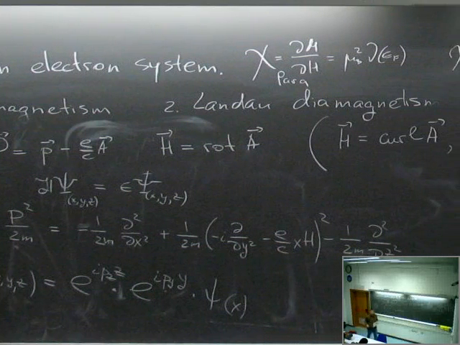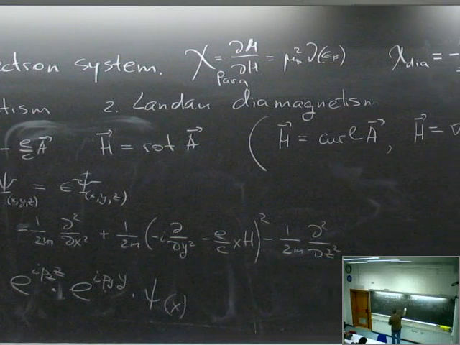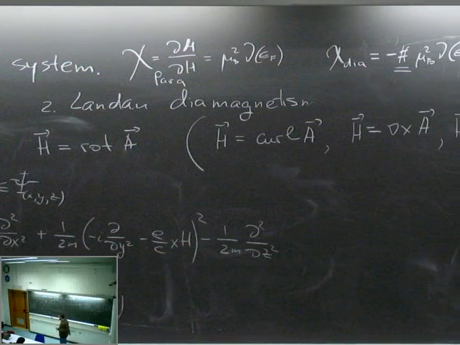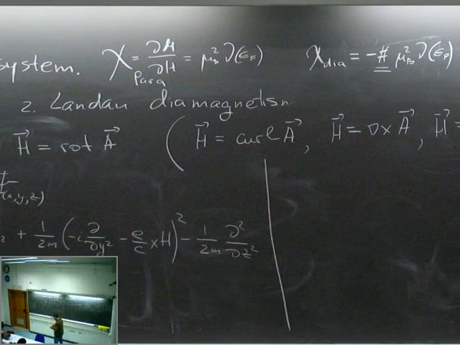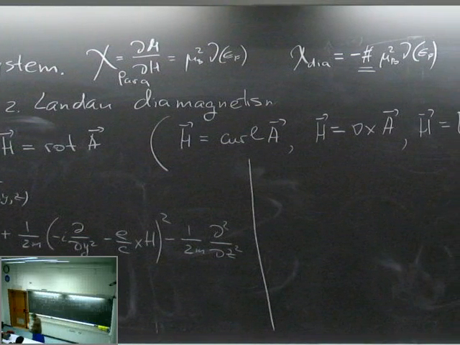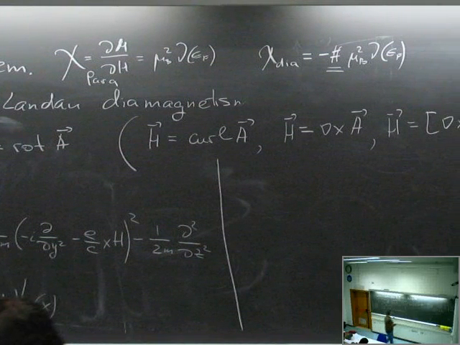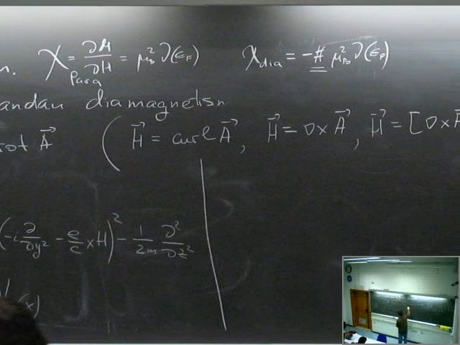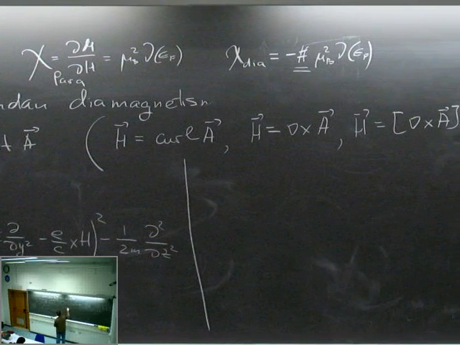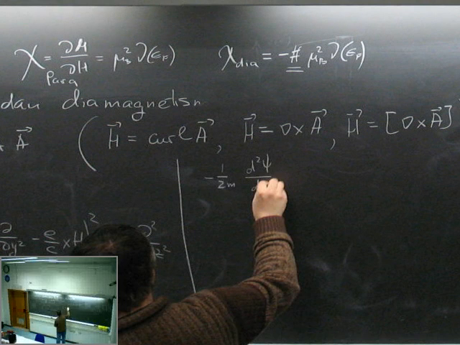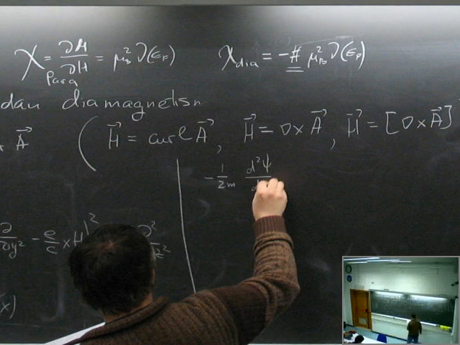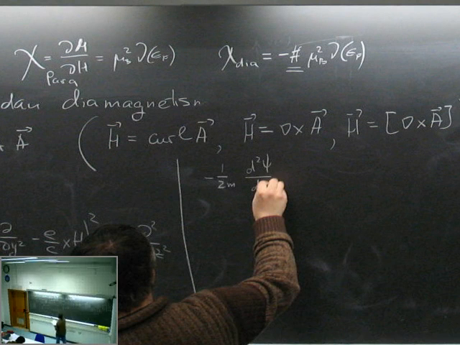So now, with this ansatz and this parameterization, I can write down the Schrödinger equation, replacing partial derivatives by full derivatives: minus 1 over 2m d2 psi over dx squared. So the wave function depends on one coordinate only. Let me take out eH over c out of the brackets.